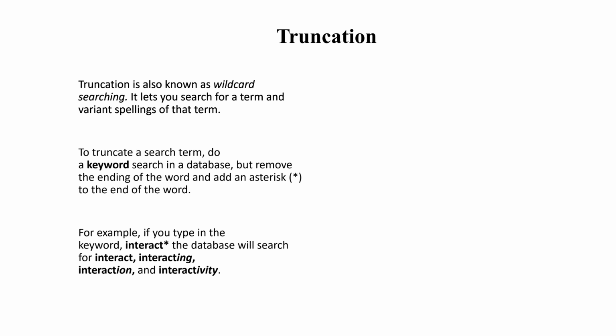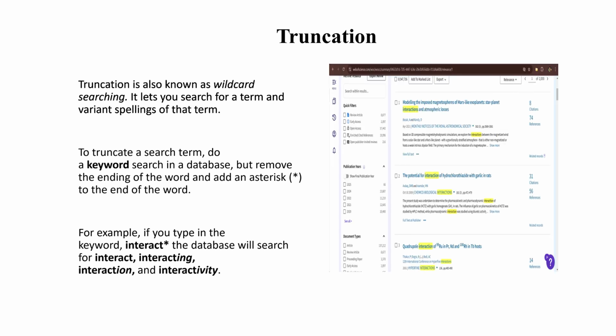On the right side of the screen, I am showing the search result that appears from Web of Science. If you see, I have put a query related to interactive learning. But I have a confusion, that's why I put the query interact asterisk. It gives you all the results related to interact, interacting, interaction, interactivity, everything, because up to the word interact the beginning was common.